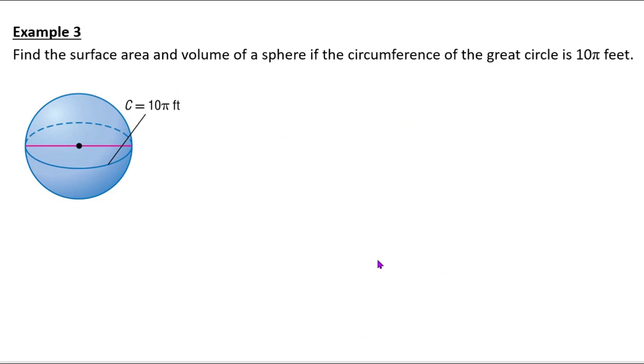Okay, find the surface area and volume of the sphere if the circumference of the great circle is 10 pi feet. So for each one of these, I need to figure out what the radius is. Circumference is 2 pi r. That equals 10 pi. If I divide by 2 pi, those cancel. My radius is 5.